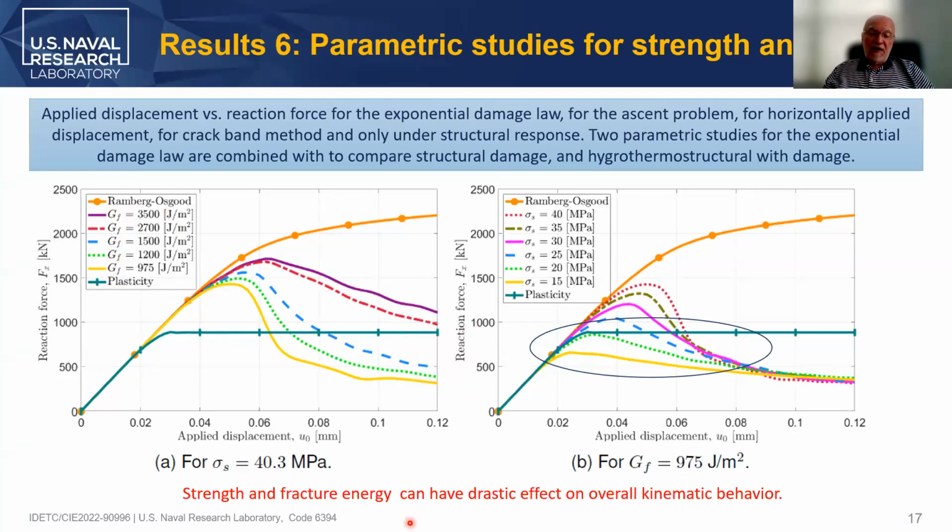And then we reversed it, and we kept the fracture energy constant at one value that we found in the literature, and then we varied the strength parametrically. And this is really the first important result that is being highlighted by this ellipse.